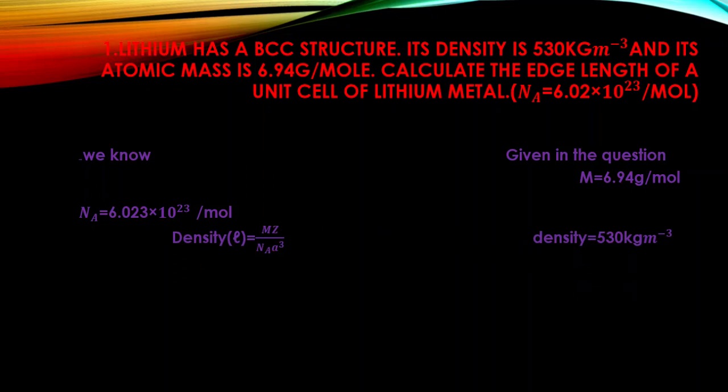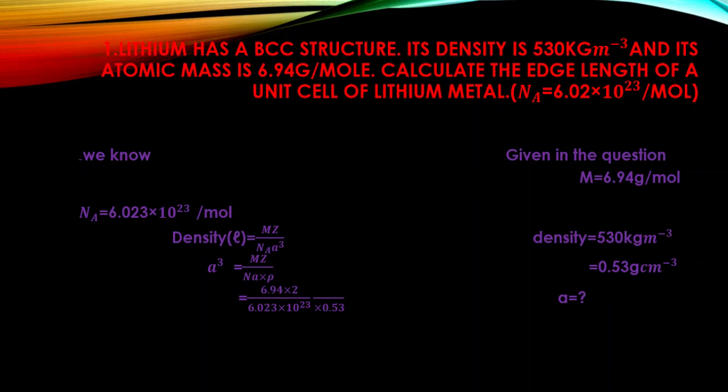Density, that is rho, is equal to 530 kg per meter cube. Changing the unit, it is equal to 0.53 gram per centimeter cube. So we calculate the edge length, that is small a, is equal to question mark.